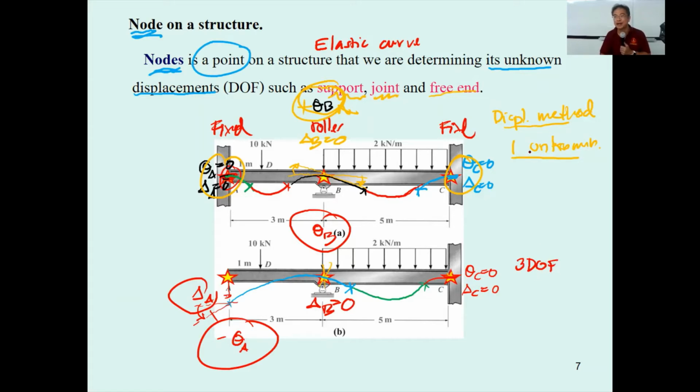The previous one we may call just 1 degree of freedom as the unknown. So if you solve this kind of problem with the displacement method, you're going to require a lot of work. Compared to the previous one, for this kind of structure, as I conclude, the force method is better.